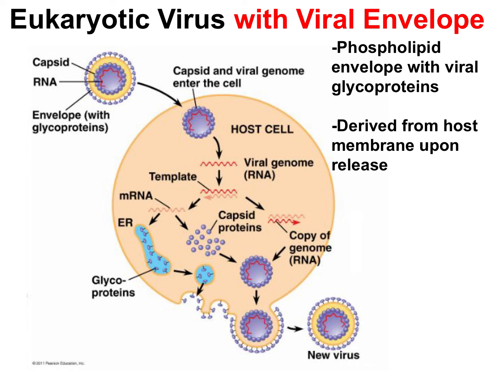So, in other words, viral envelopes are derived from the host membrane. And these viruses then would have host cell phospholipids and host cell membrane proteins too that may help the viruses avoid detection by the host immune system.